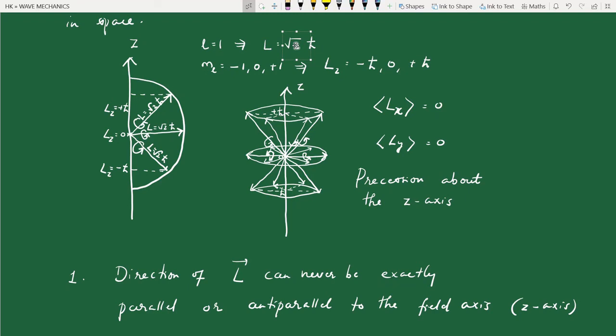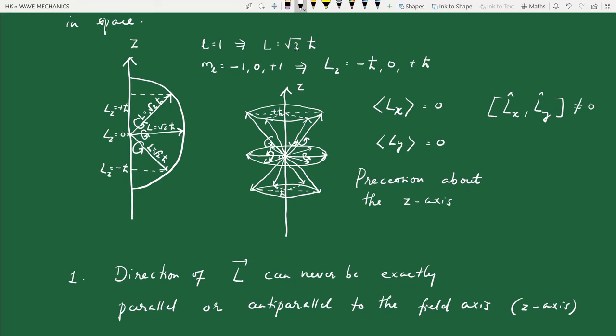In other words, they cannot be measured together in a state. Another way of saying it is that there cannot be any common eigenstate for the operators corresponding to any two components of angular momentum. Let us say Lx and Ly are non-commuting.